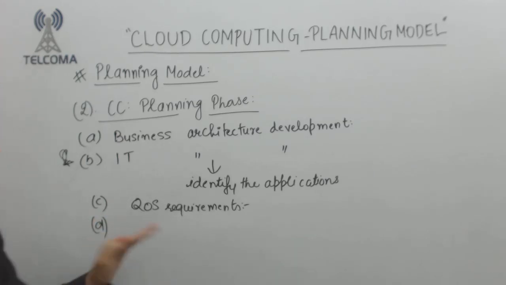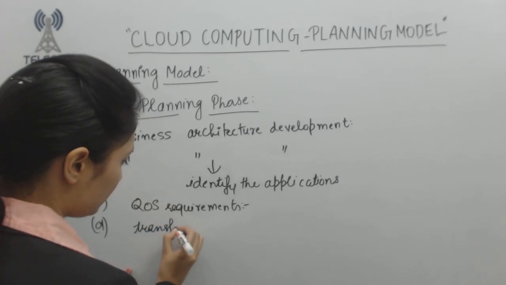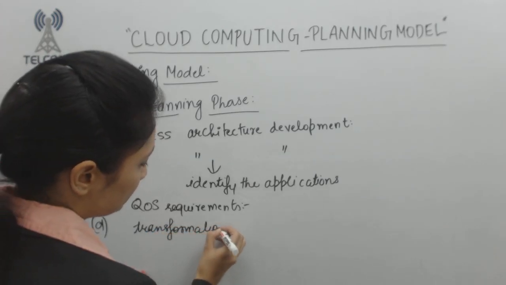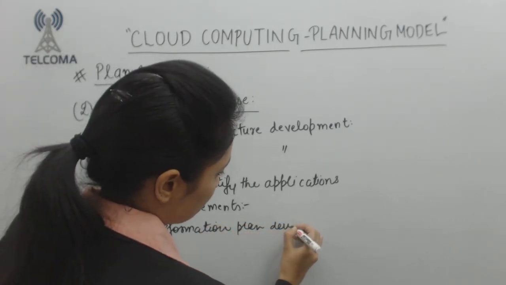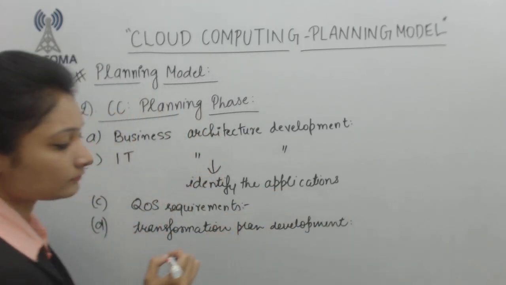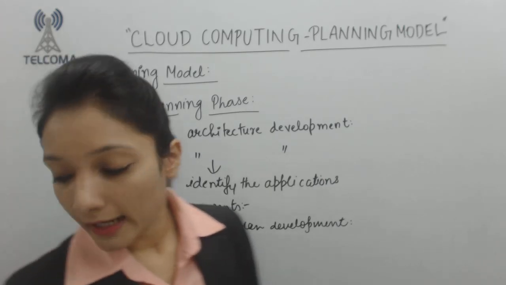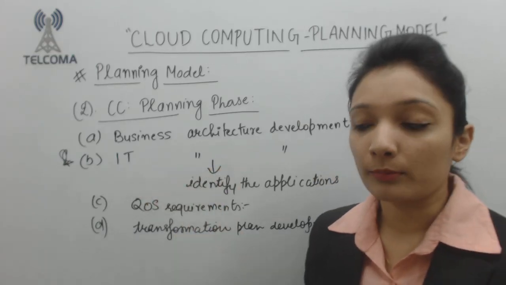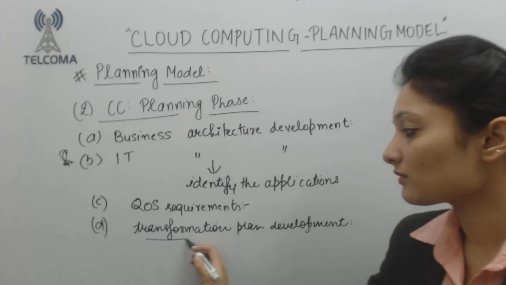Now, after that, the next one which we have is the transformation plan development. The last phase here is the transformation plan development. In this step, we formulate all kinds of plans that are required to transform the current business to your cloud computing model. That's why it's the transformation plan.